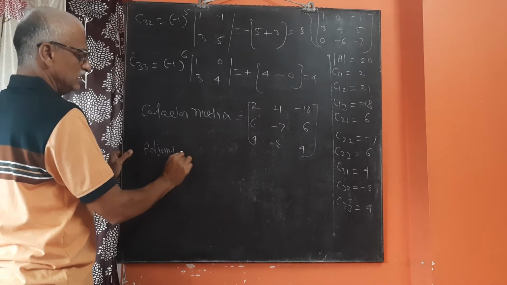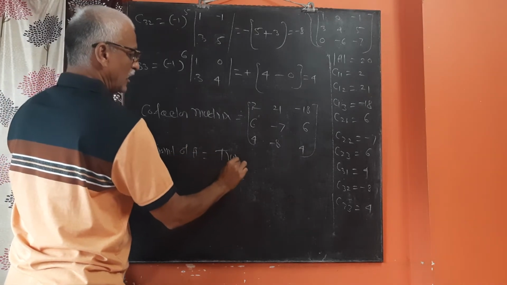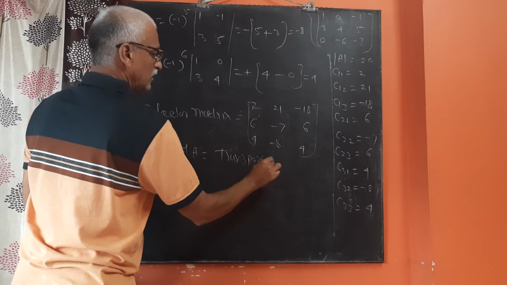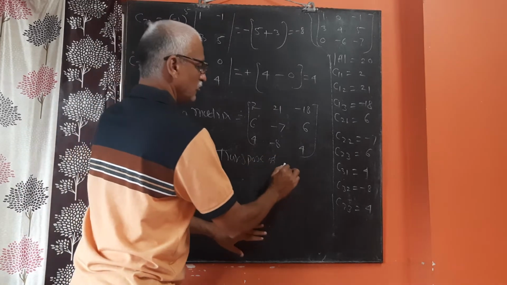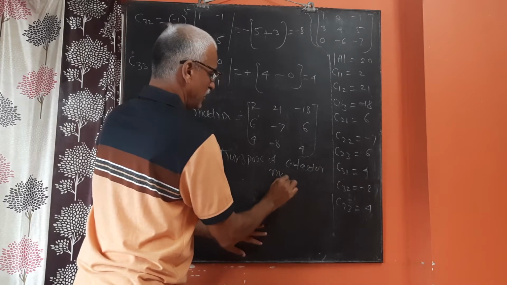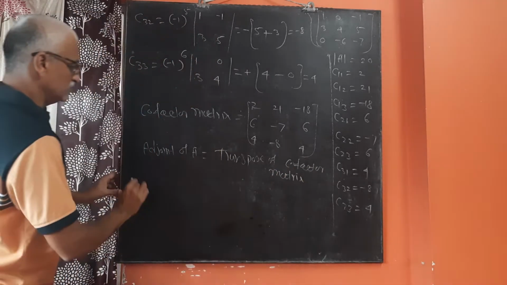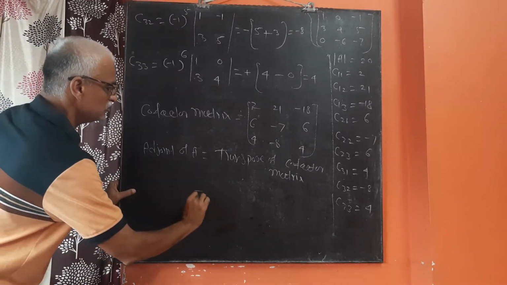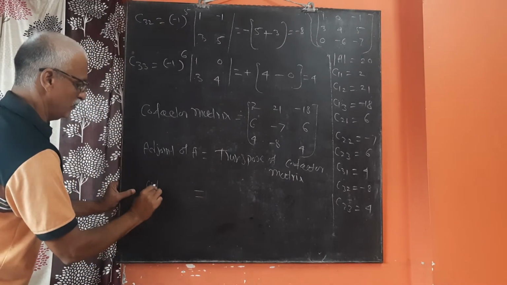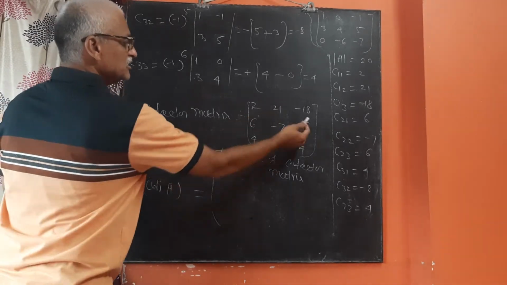Adjoint of A is equal to the transpose of the cofactor matrix.